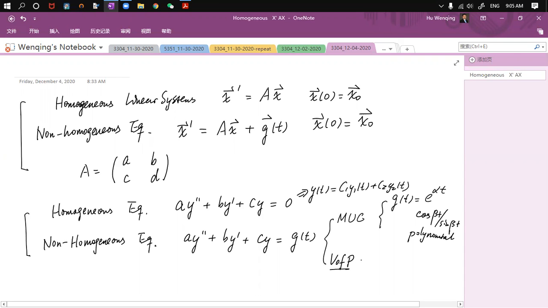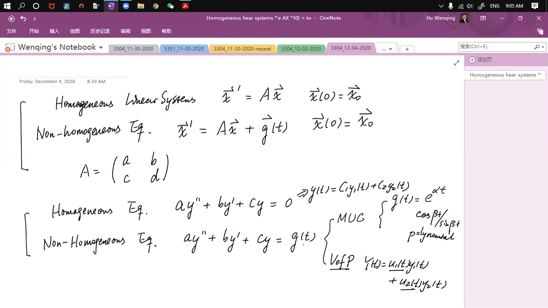The variation of parameters says that you can try a particular solution u1(t) y1(t) plus u2(t) y2(t). In particular, you are able to solve for u1, u2 if you have g of t and the so-called variation of parameters formula. Is that good for everybody? That's what we've been talking about before.